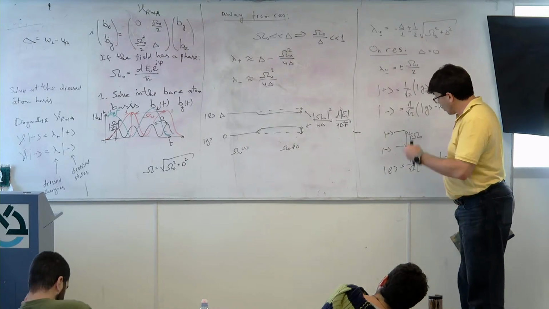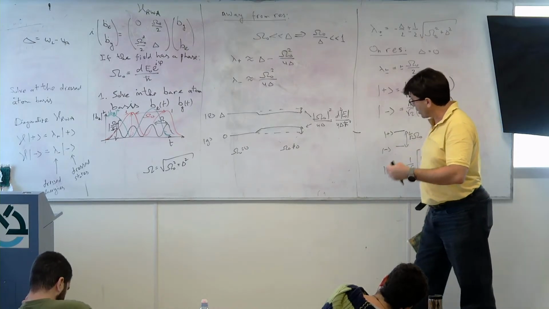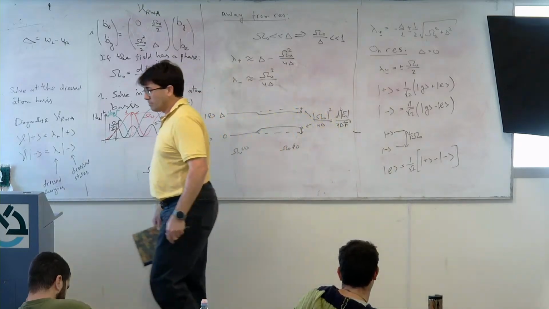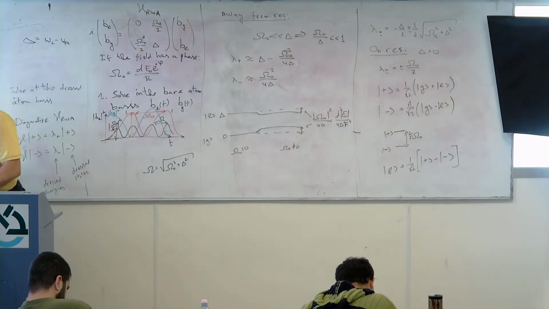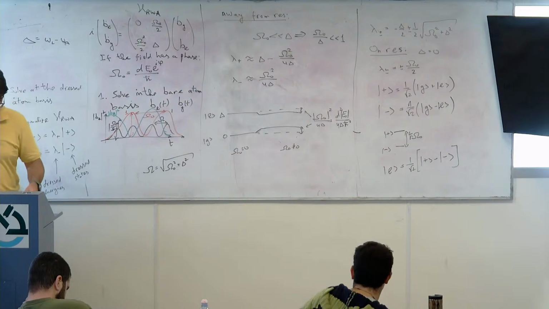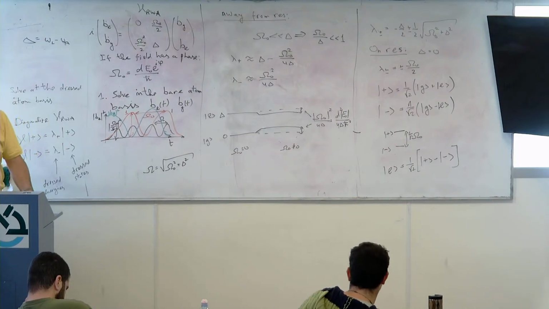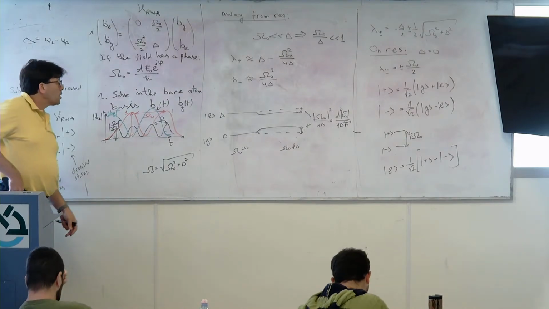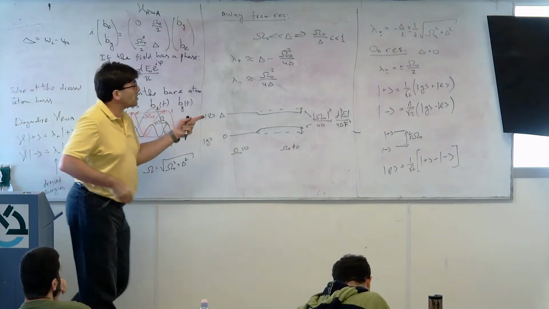So we should always check for dimension, physical dimension. So what we discovered is the light shift.